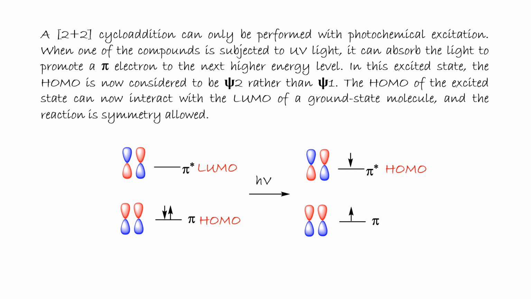Now, 2 plus 2 cycloaddition can only be performed as a photochemical reaction. Photoexcitation will take one of these electrons in the HOMO and transfer it to the LUMO, so we'll have a new HOMO. This is a new HOMO with 2 different faces. They are not the same face, right? Red and blue.